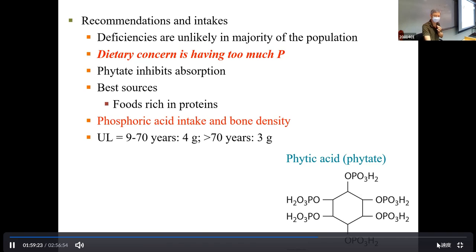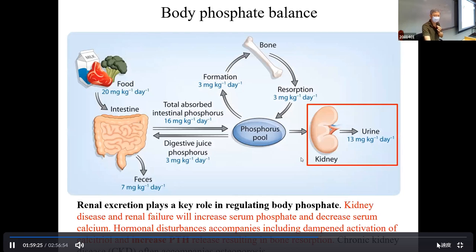the absorption of other nutrients. Now, the diagram here, I don't want to spend time on it, but this is what I want you to remember: our body phosphate balance is basically dictated by excretion. So renal excretion plays a key role in regulating body phosphates. That's the key point that I want you to make. And therefore, kidney disease and renal failure will increase serum phosphate and decrease serum calcium.